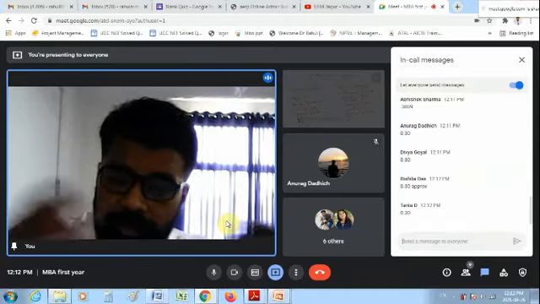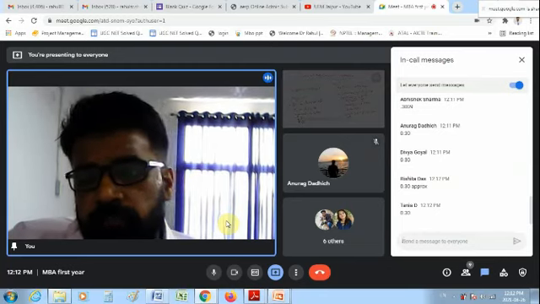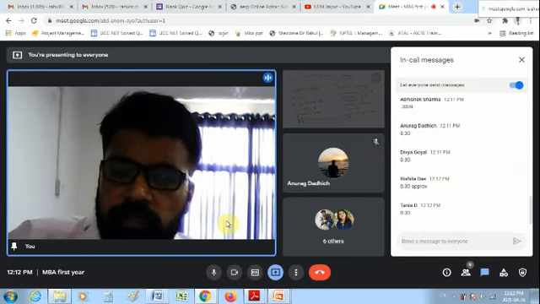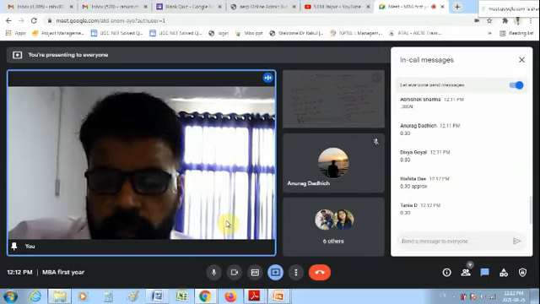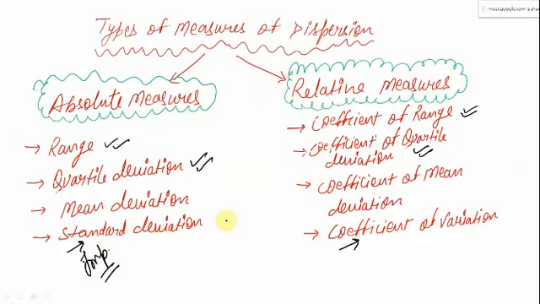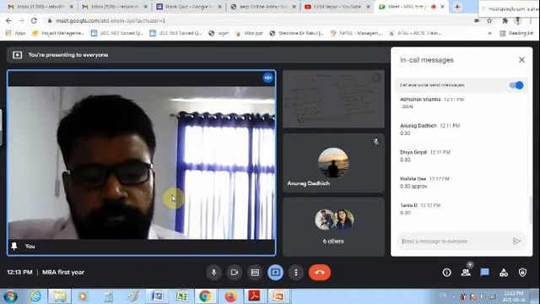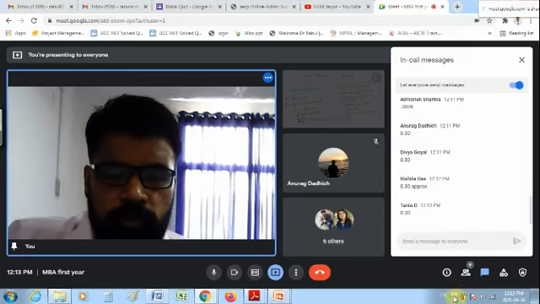It is widely used in statistics as well as many other fields wherever we need to find out the variation, or in finance it is used to find out the risk. So standard deviation is the most widely used measure of dispersion. Today we have done these two, 1 and 2. Now we are left with these two more, which we'll be doing in the next class. So that's all for today. If you have any doubt, you can ask.